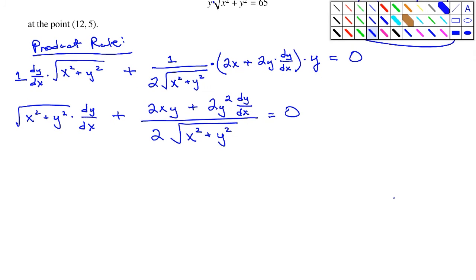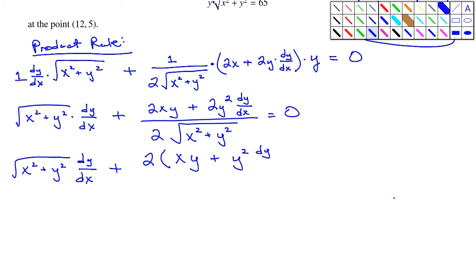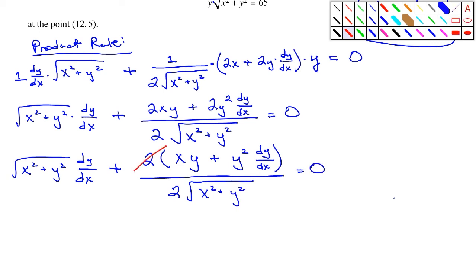Now notice in the fraction, I can factor out a 2. So this left part is the same still. And let's factor out the 2. So it's going to be 2 times (xy plus y squared dy/dx) over 2 square root of x squared plus y squared equals 0. 2's cancel.